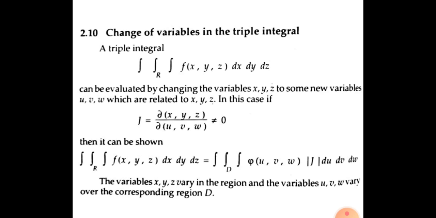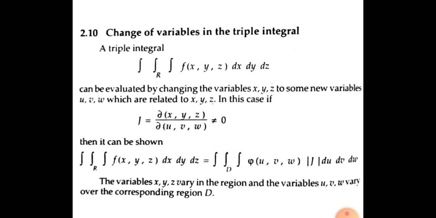So, after changing the variables x, y, z to u, v, w, the Jacobian, dou of x, y, z by dou of u, v, w, has to be found and must be non-zero, and the triple integral of f of x, y, z dx, dy, dz over R will be the triple integral of the new function phi of u, v, w into Jacobian J, with dx, dy, dz changing to du, dv, dw.